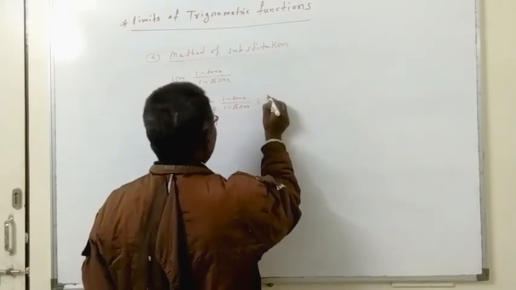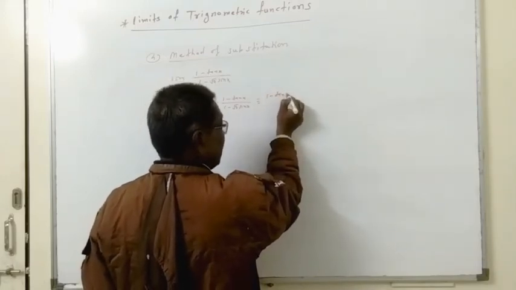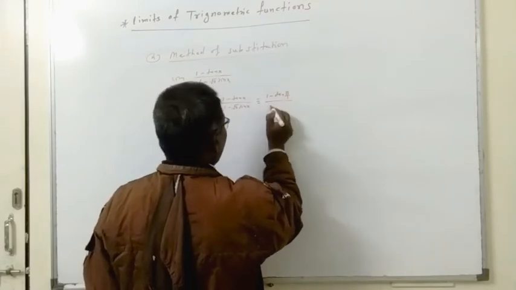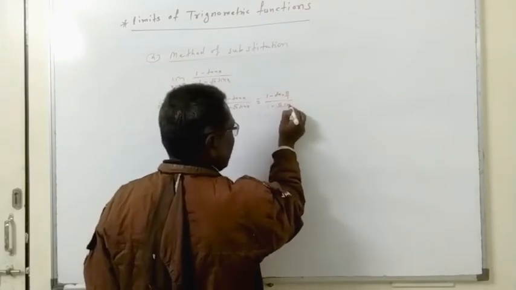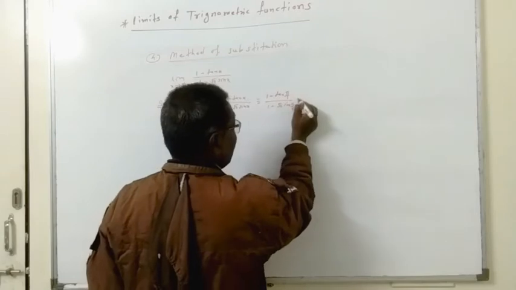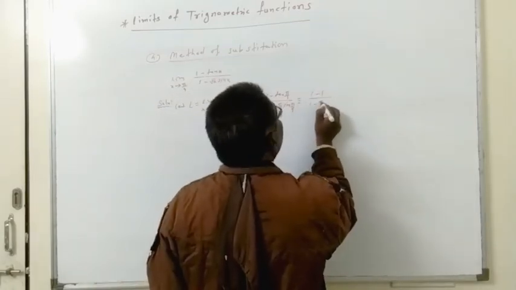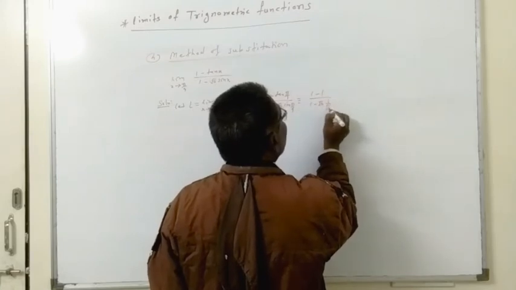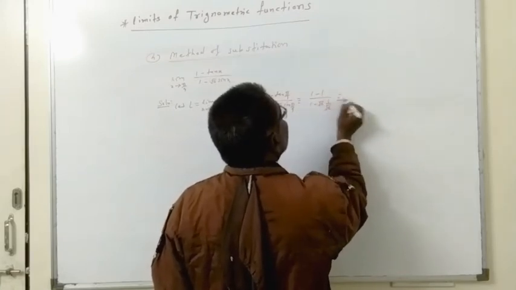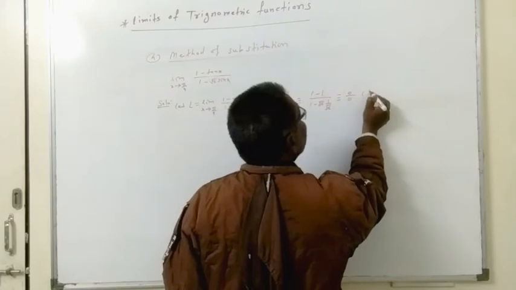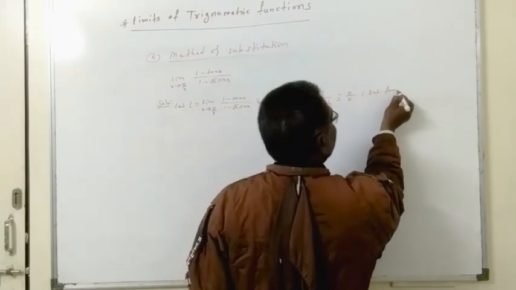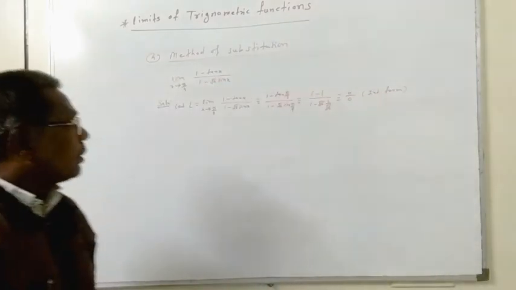If we put x equal to pi by 4, we get (1 minus tan pi by 4) divided by (1 minus root 2 into sin pi by 4). This is 1 minus 1 divided by 1 minus root 2 times 1 upon root 2, so this is coming as 0 upon 0. So it is an indeterminate form. Now the direct method fails here.